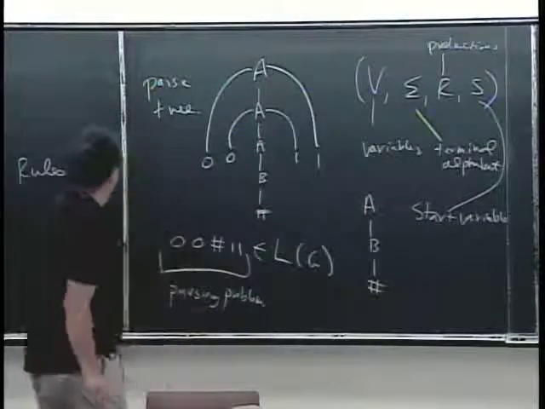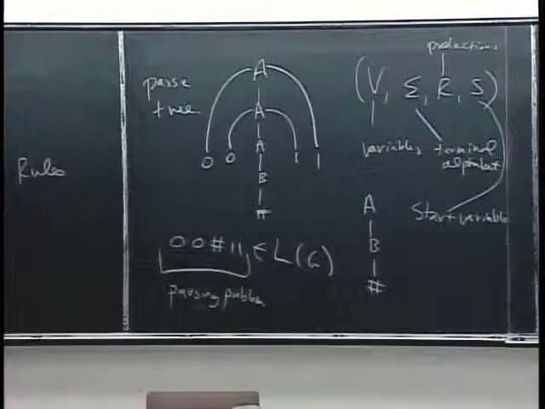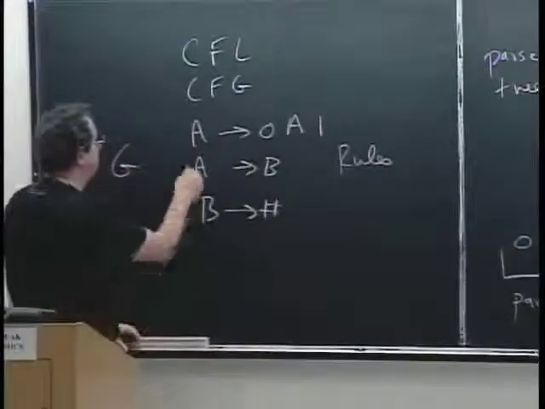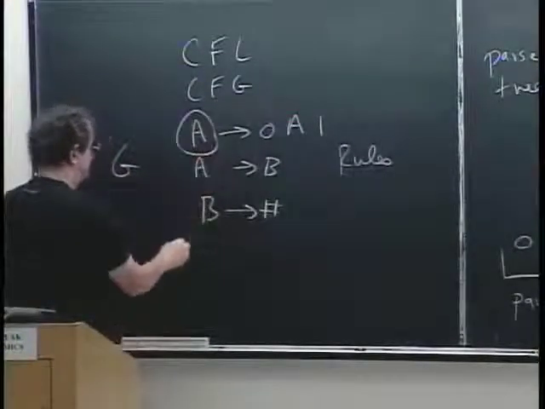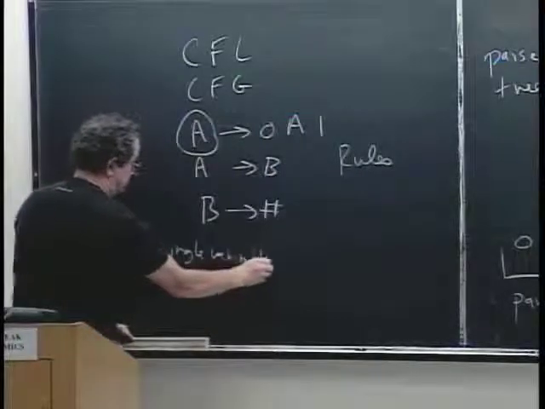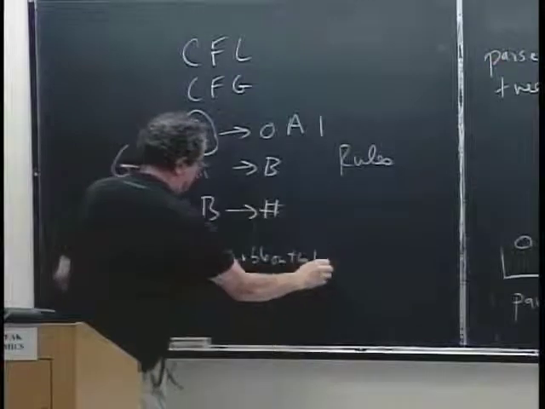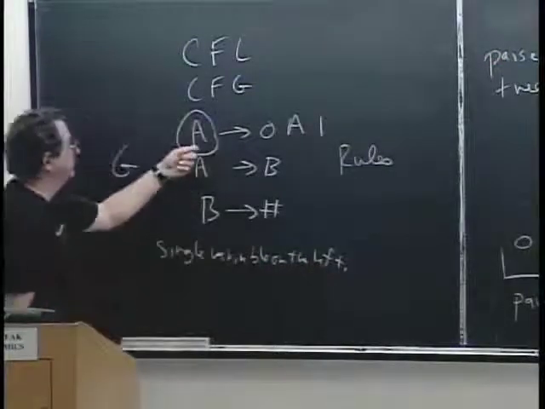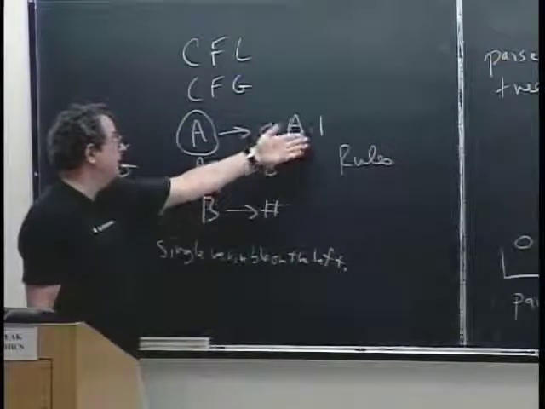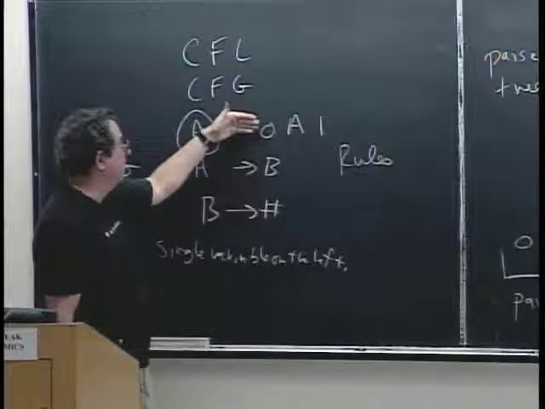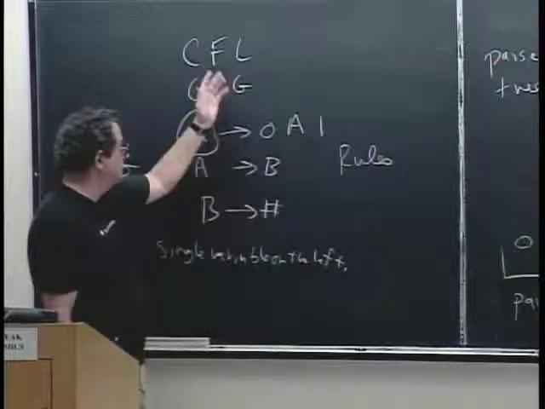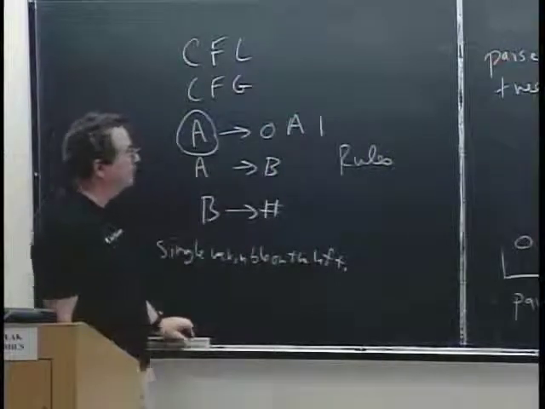Okay, so context-free, the essential ingredient to being a context-free grammar, and in fact, really the only grammars I've shown you are context-free, is that you only have a single variable on the left side. So you're going from a single variable to some string here, where this string is made up of either terminal symbols or variables or some combination.